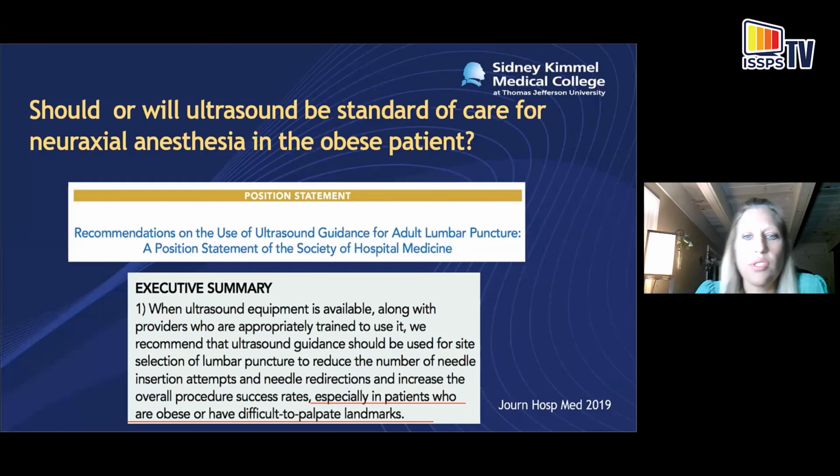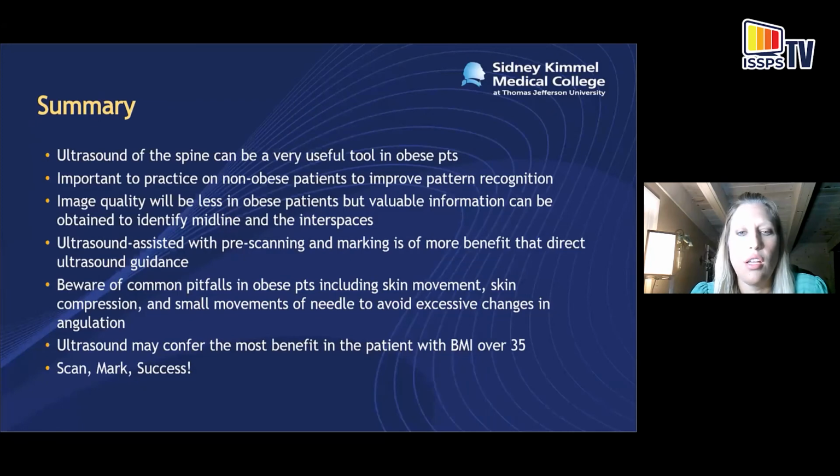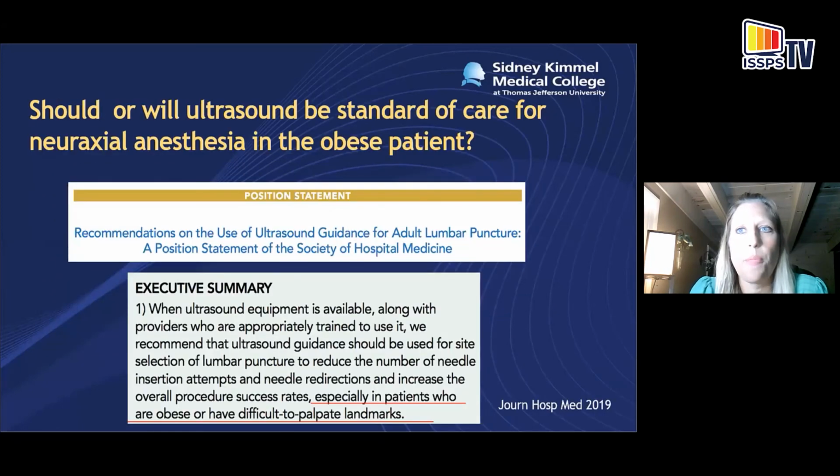They state when ultrasound is available with providers trained to use it, ultrasound should be used. Sorry, flip forward. Ultrasound should be used to reduce the number of attempts, especially in the obese patient or patient with difficult to palpate landmarks. So I think it's a question: should it be standard when ultrasound is available, especially for neuraxial anesthesia in the obese patient? It's something interesting to think about.